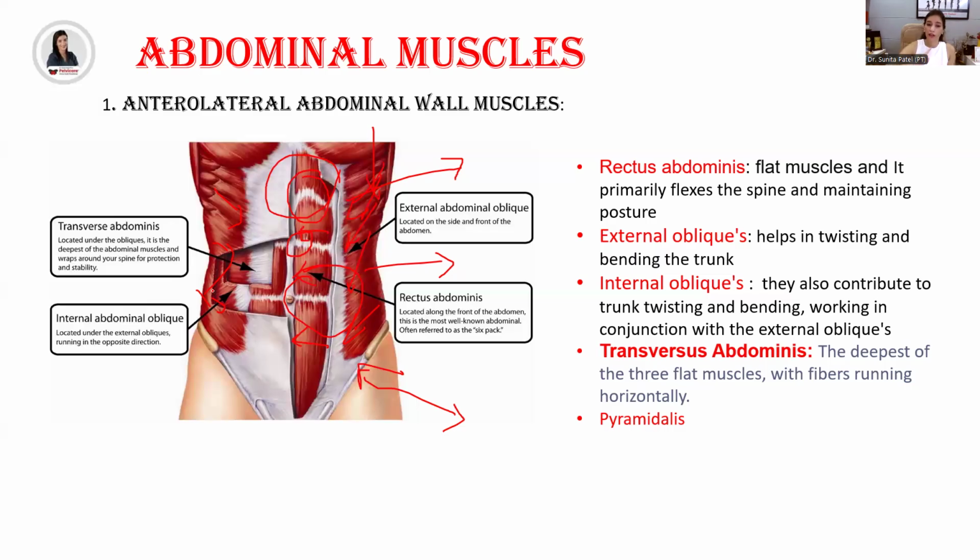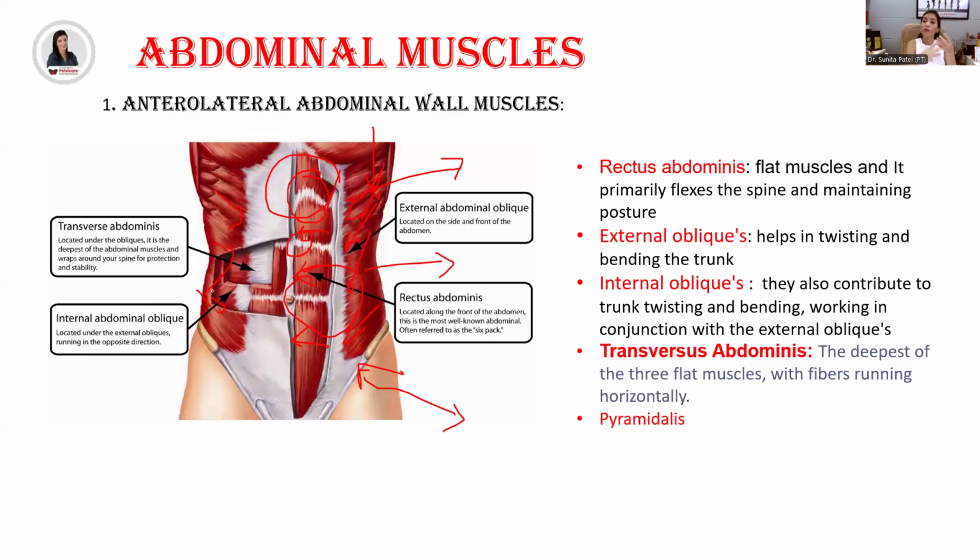It can be the rectus abdominis, external obliques, internal obliques, as well as the transverse abdominal muscles, which is very important. Transverse abdominis is a very deep muscle, and its fibers are again oblique, coming in a circular motion, and they are deeper. So you can understand that the transverse muscles are the deepest muscles, very close to the organs.